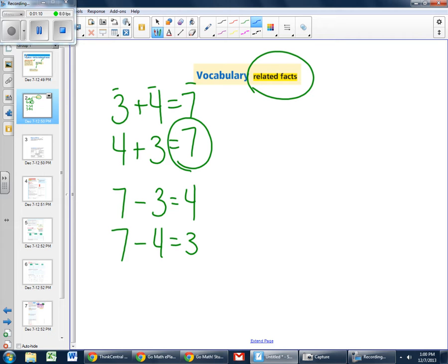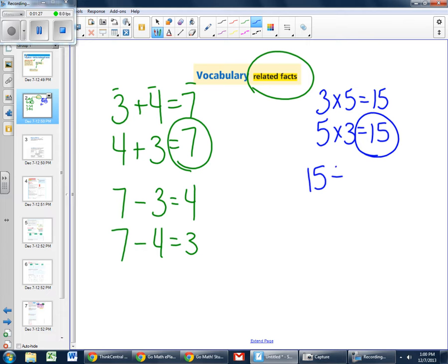Now we're going to do it with multiplication and division. So kind of switching your mind here, you can do 3 times 5 equals 15, which is the same as 5 times 3 equals 15. Again, using my largest number as my first number in my division problems, because you're only using the same three numbers in all those problems. 15 divided by 3 equals 5. 15 divided by 5 equals 3.